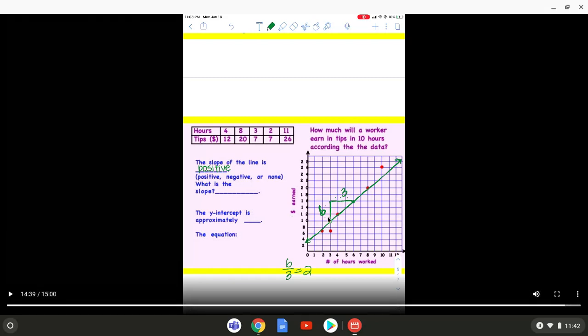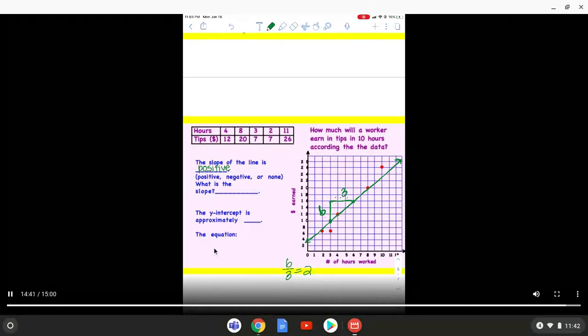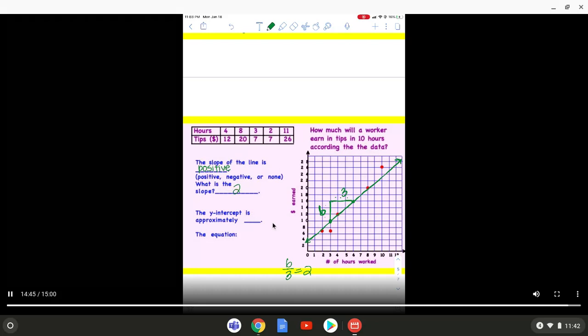So each time we go up, we're increasing by $2. Okay, so our slope is going to be 2. And my y-intercept is approximately 4. So my equation is going to be y is equal to 2x plus 4.